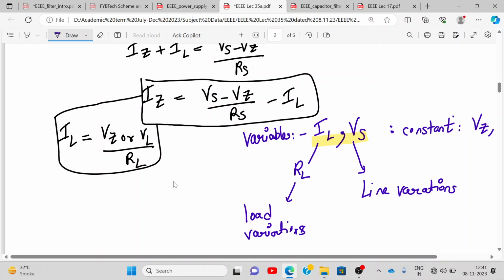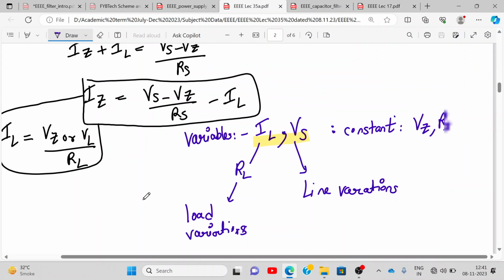Okay? So now we'll study if my load changes, how will my output be constant? If my line changes, how will my output be constant? The output should be constant irrespective of IL changes or Vs changes; my regulator output should be equal to my Zener voltage. Yes or no? Okay. So first, we'll study source or line variation.